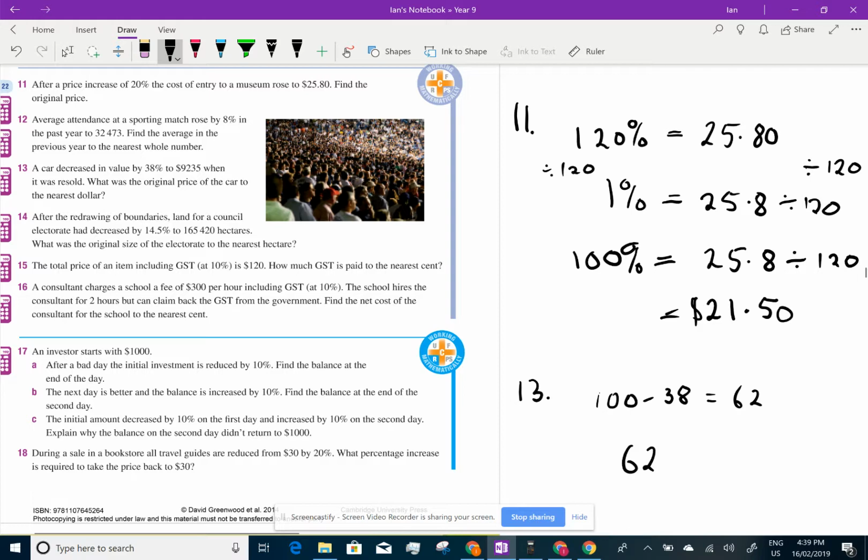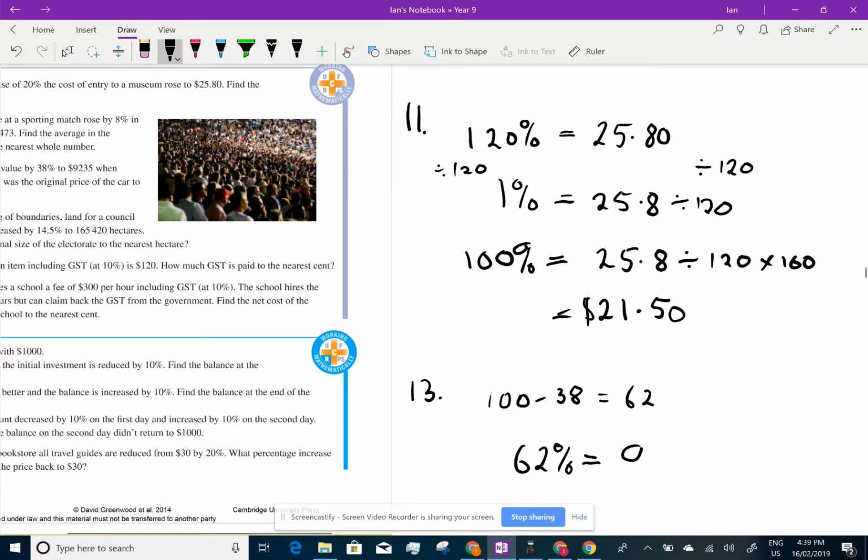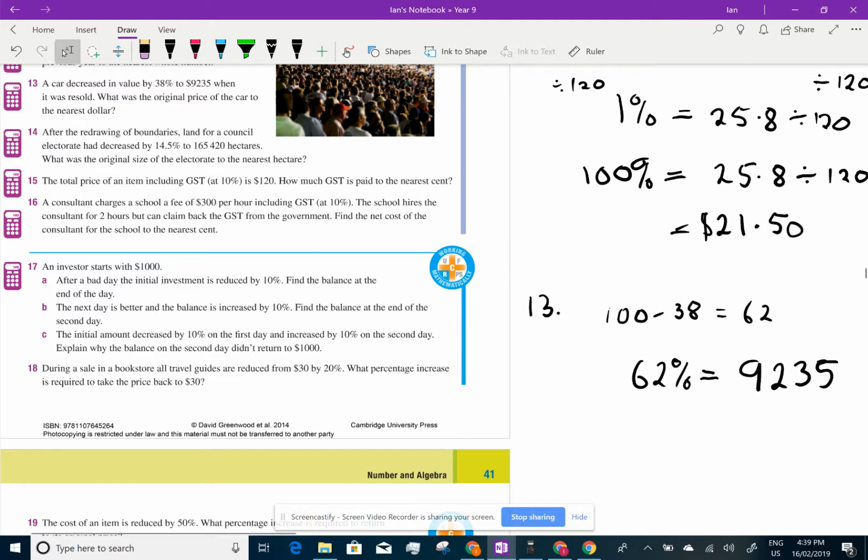So 62% is what it sold of its original value, and 62% is 9,235. Now, I reckon some people would have had problems with that because they wouldn't have understood the question. A car decreased in value by 38%. So you have to take it off 100. And it became 9,235. What was the original price?